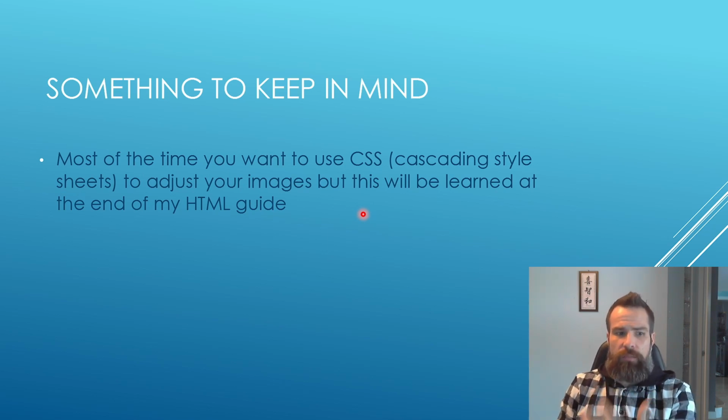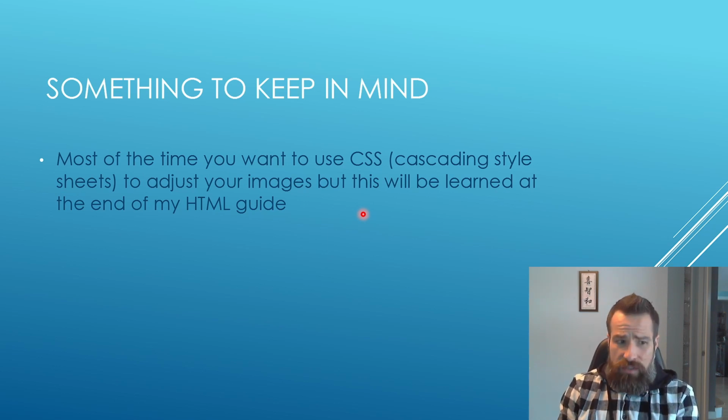So if you want your images to look the same, to be formatted the same, you're going to want to use CSS for that. You're not going to want to go and change all of the individual attributes of every image that you use. You can change a lot of them just in one place and they'll apply naturally. So, keep that in mind as you're learning HTML. At the end, when we learn CSS, you're going to be able to see how we really can customize these things.